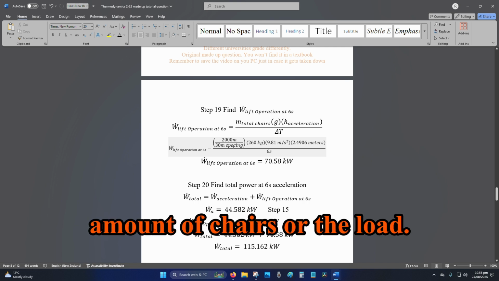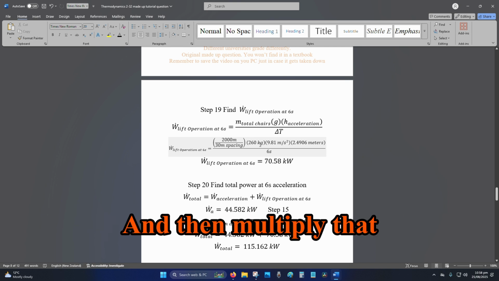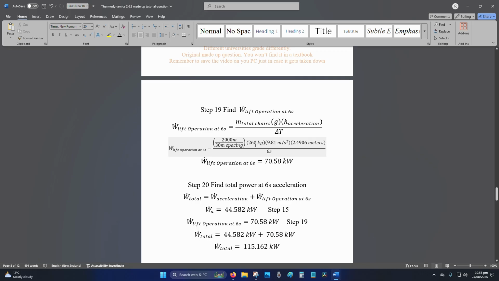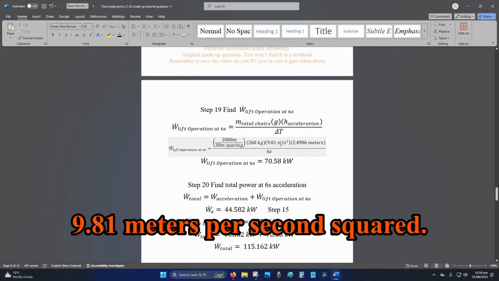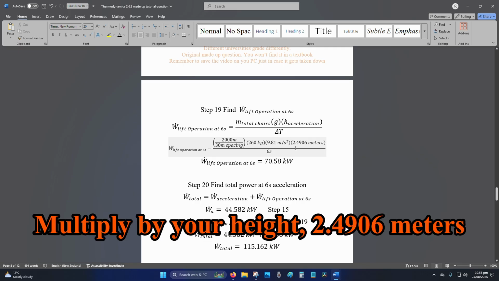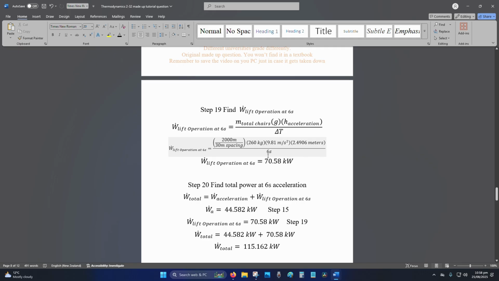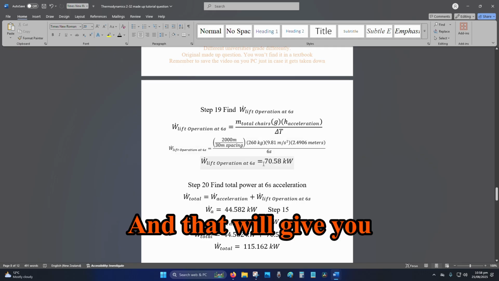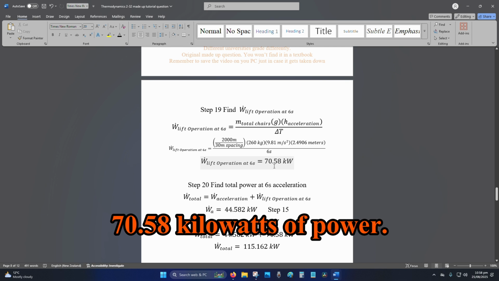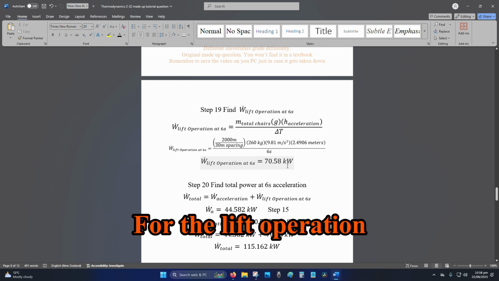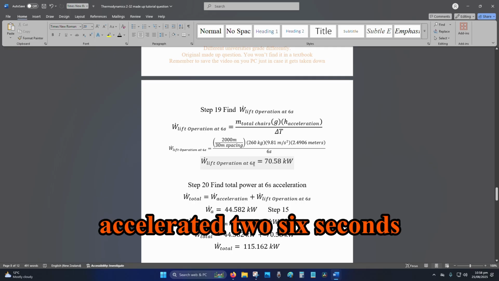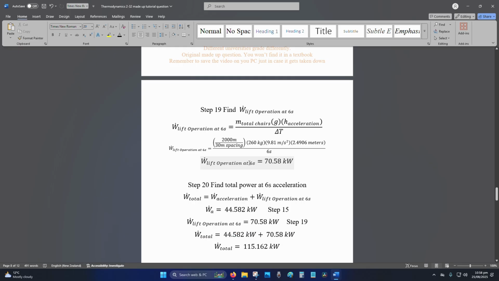So that'll give you the total amount of chairs or the load, and then multiply that for the mass of the lifts, for one single lift, that is. Then multiply by your gravity, 9.81 meters per second squared, multiplied by your height, 2.4906 meters, divided by 6 seconds. And that will give you 70.58 kilowatts of power for the lift operation accelerated to 6 seconds or at 6 seconds.